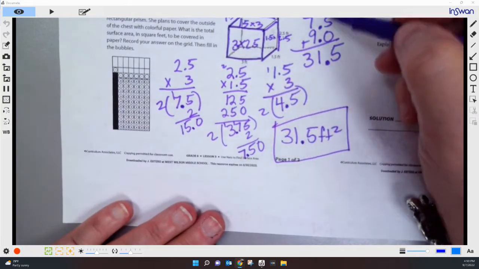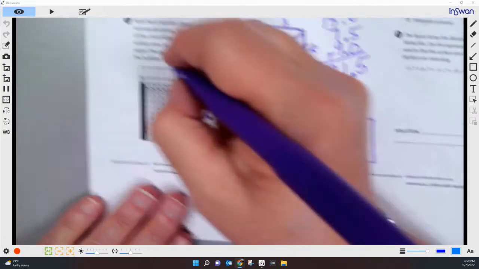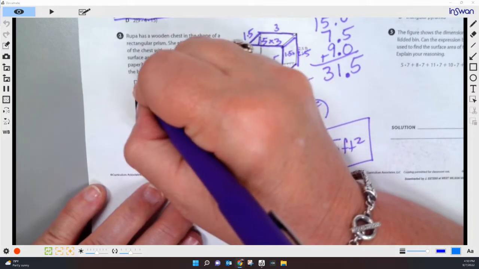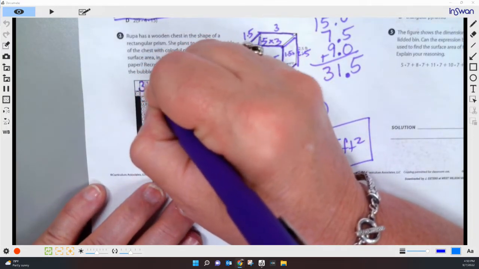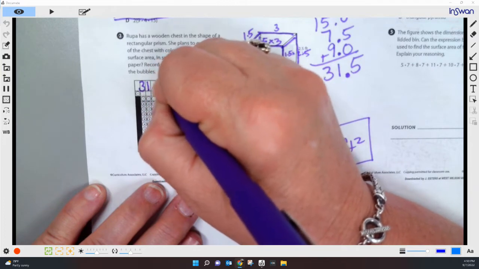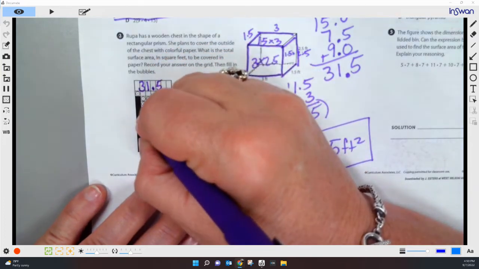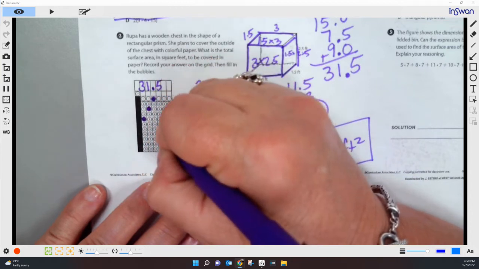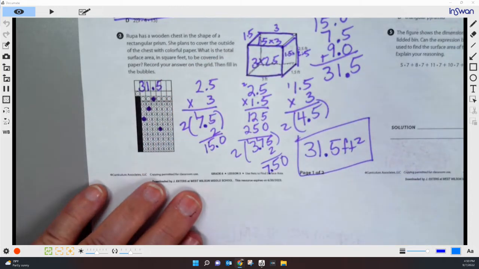So we did 2 of each side, then added those together, and I got 31.5. So if I'm going to graph this on the dot chart, 31.5, you bubble in the 3, the 1, the decimal, and the 5. Okay?